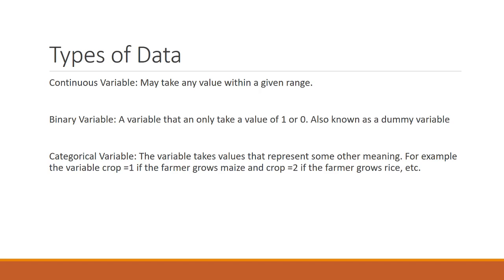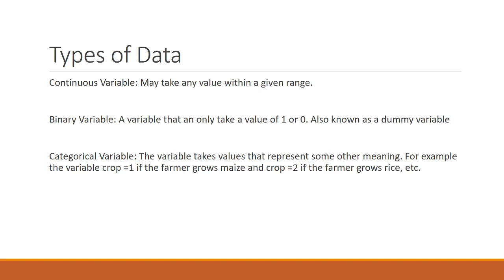Let's talk about the types of data. Some of the most common types, and I'll be a little bit more structured in a moment, that we're going to look at in the class will be continuous variables, binary variables, and categorical variables. A continuous variable is a variable that can take any value within a given range. A good example, if we go back to our prior example, is income.